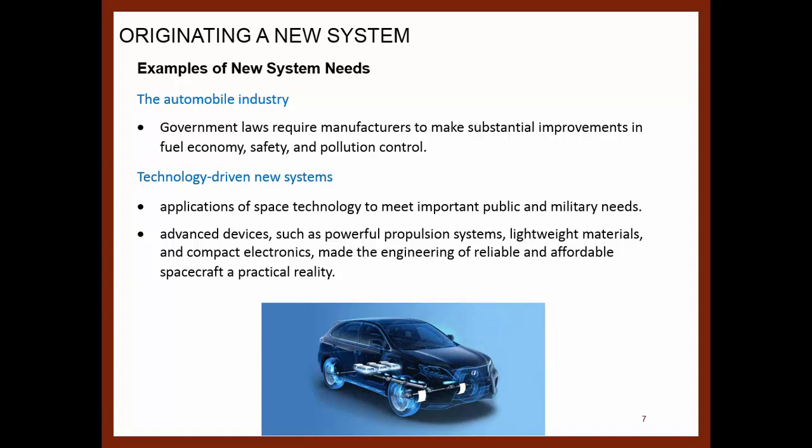Technology-driven new systems. These are applications of space technology to meet important public and military needs. Advanced devices such as powerful propulsion systems, lightweight materials, and compact electronics made the engineering of reliable and affordable spacecraft a practical reality.